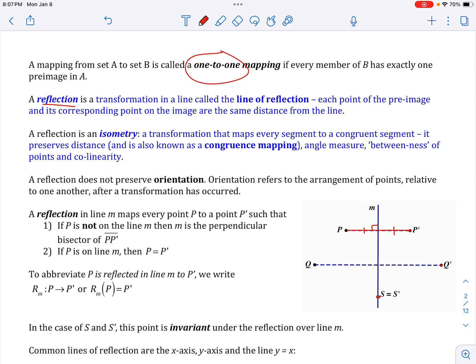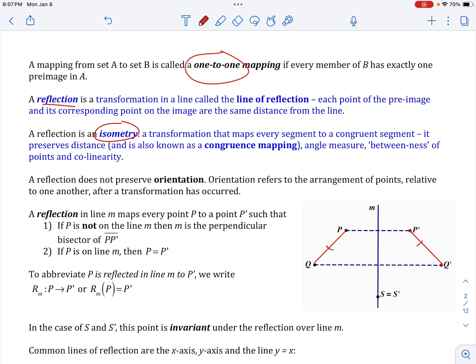That is our first example of a mapping that's known as an isometry. Isometries are very special. The good news is there's only 4 of them. But isometries are a type of mapping or a type of transformation where distances stay the same. So, for example, the distance from P to Q before this reflection happened is exactly the same as the distance from P prime to Q prime after that reflection happened.